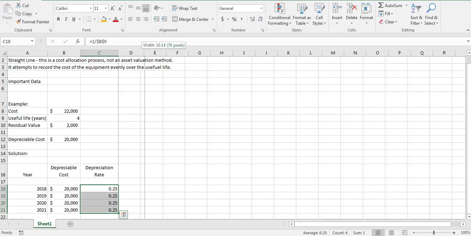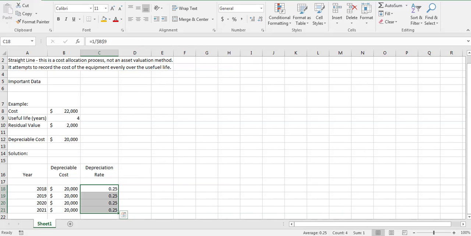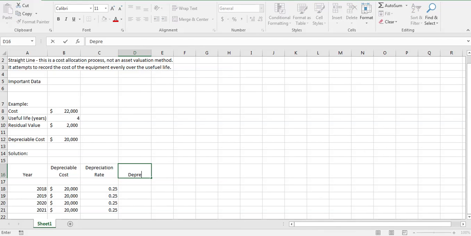If you have 8 years, you have to have 1 divided by 8, and you have to have 8 rows. Or if it's 5, then 1 divided by 5 and have 5 rows. So you will have 100% of your depreciable cost available. Keeping that in mind is very important.